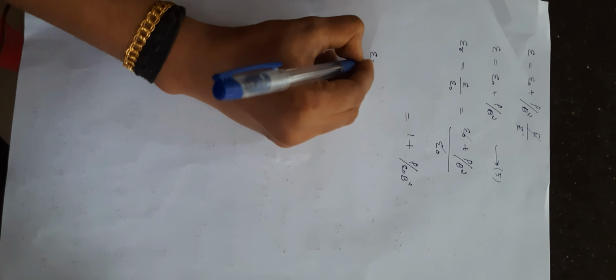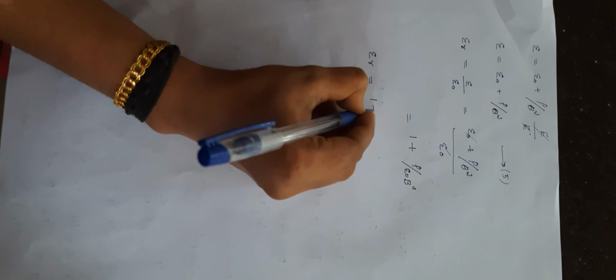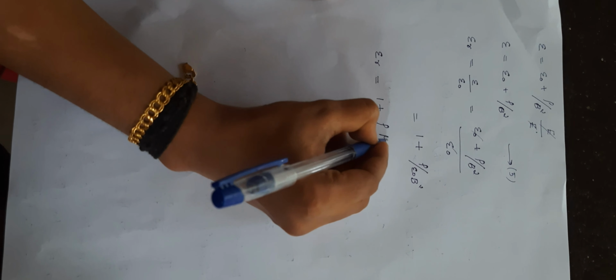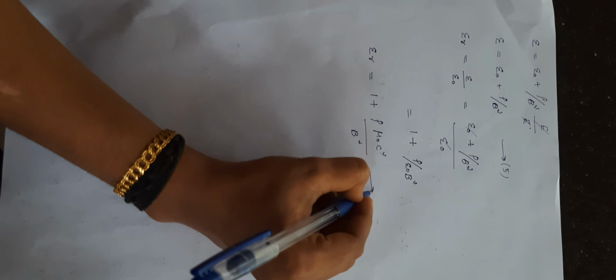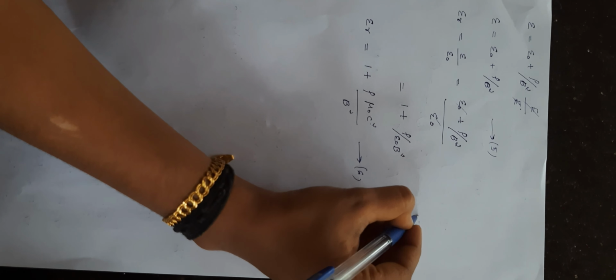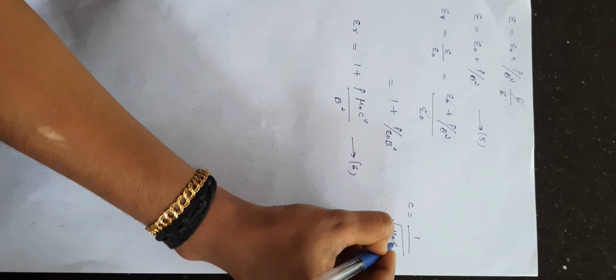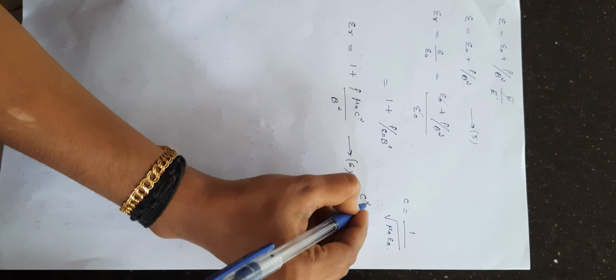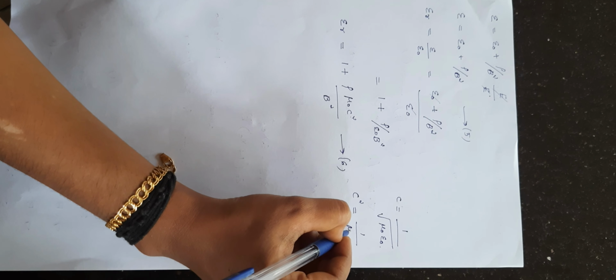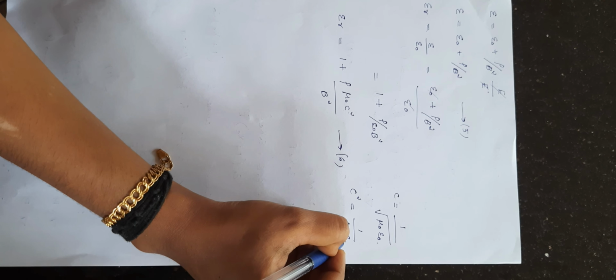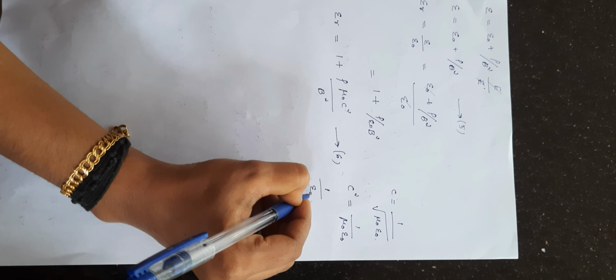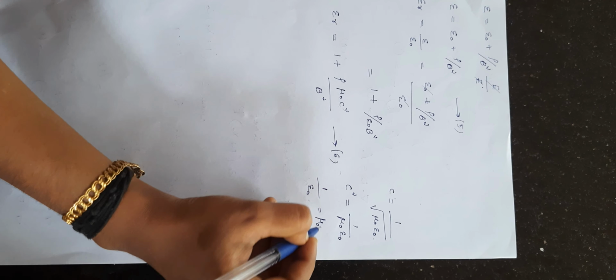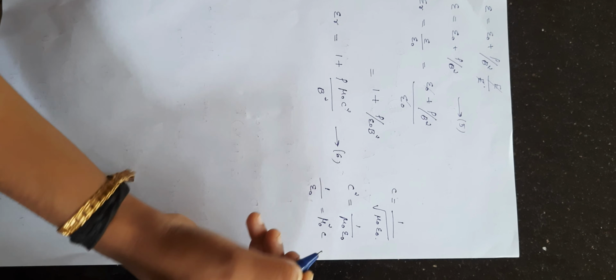Then epsilon R equal to 1 plus rho mu naught c square by B square. This is equation number 6. Then c is equal to 1 by root of mu 0 into epsilon 0. Then c square is equal to 1 by mu 0 epsilon 0, then 1 by epsilon 0 equal to mu 0 c square.